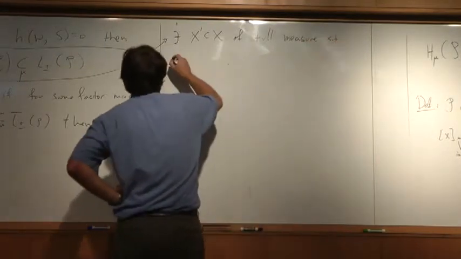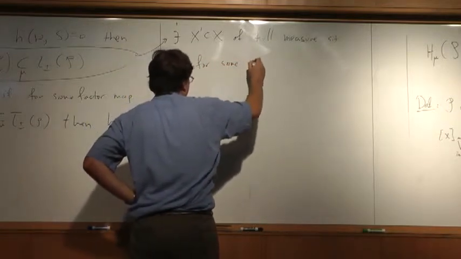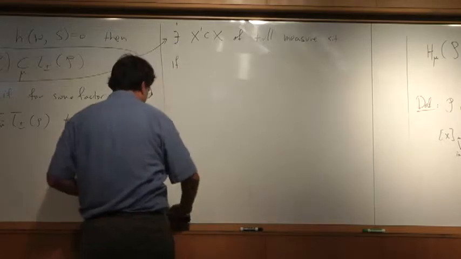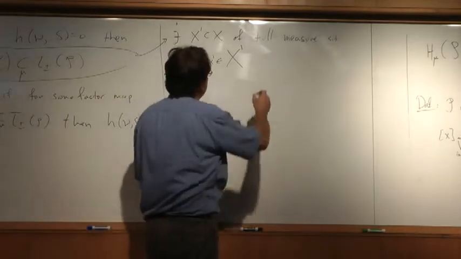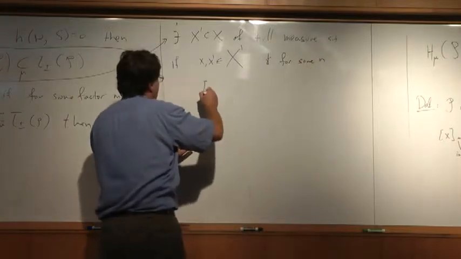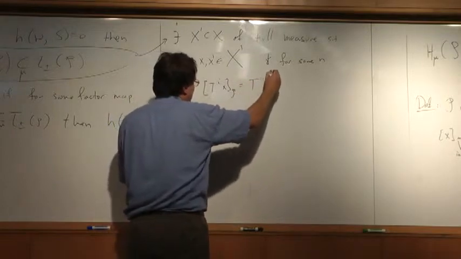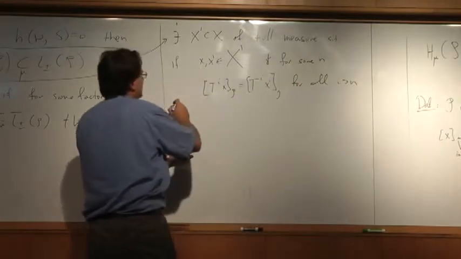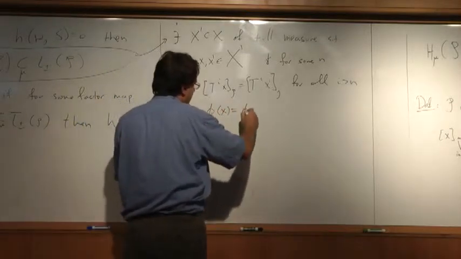Such that for some n, if you have two points, little x and little x prime, in this set of full measure, big X prime, and for some n, T to the i x is T to the i x prime, the same atom, for all i greater than n, then phi of x is equal to phi of x prime.